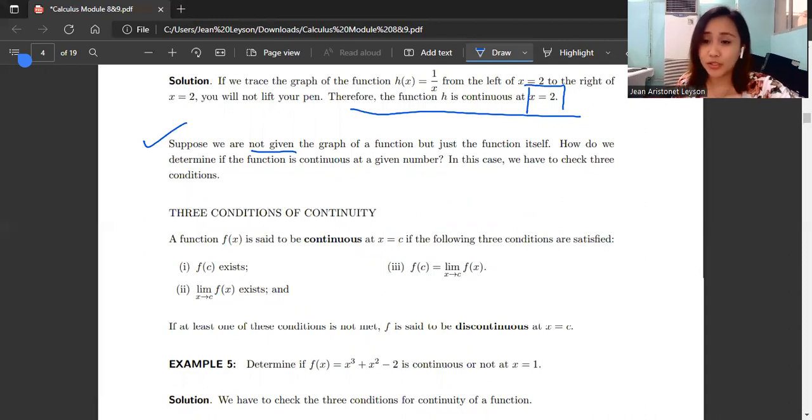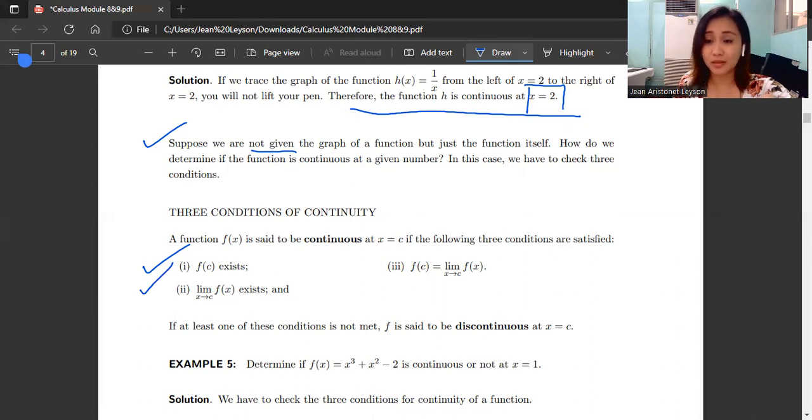I'm quite sure that you already are familiar with how we deal with the following. So letter A, or the first one: f of c exists. Meaning, if you evaluate the function at c, the value that you will be getting exists, is a real number. Now for the second one, the limit of the function as x approaches c also exists.